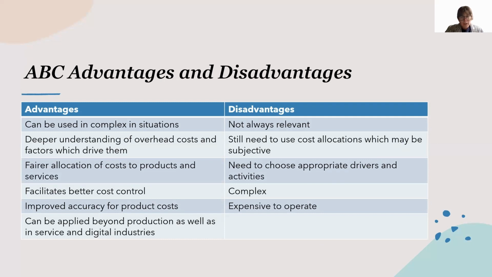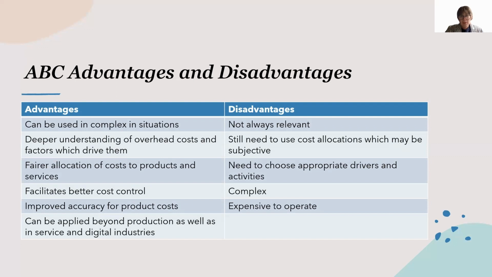This is therefore going to lead to a fairer allocation of costs to products and services. Because of this being more accurate, it is going to allow for better cost control measures to be put in place, as well as improved accuracy of individual product costing. It can be applied beyond production. It can also work in both digital and service industries too.